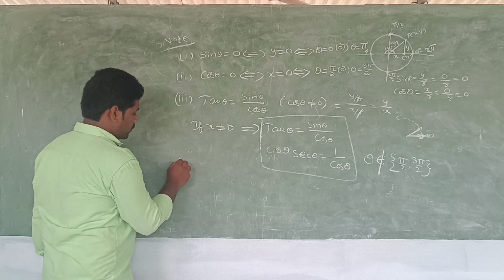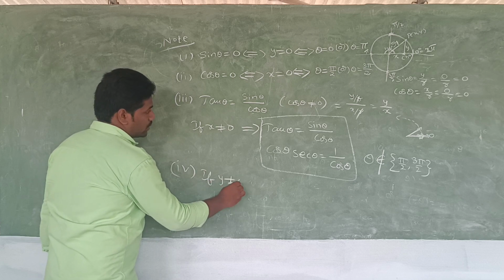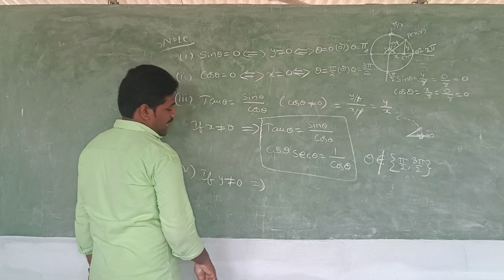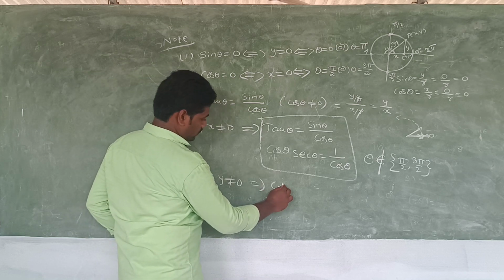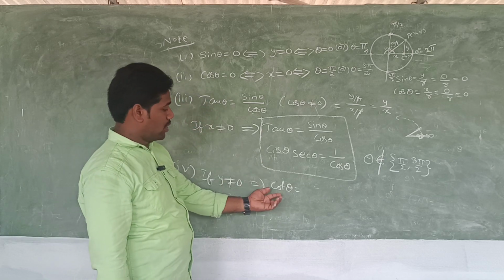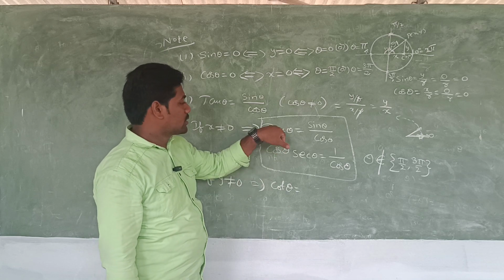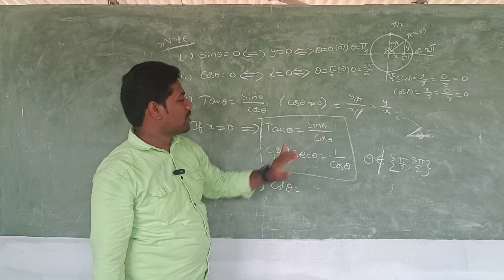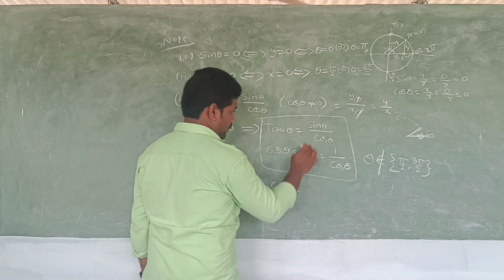Similarly, the fourth one: if y is not equal to 0, then we can say that cot theta is equal to, what is the meaning of cot theta? Actually, cot theta is the reciprocal of tan theta. I wrote tan theta equal to sin theta by cos theta, and cot theta is the reciprocal of these two values.